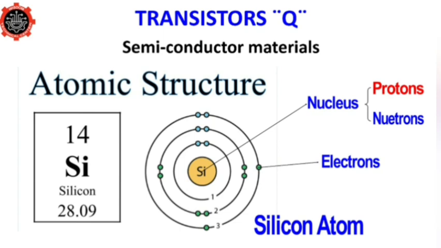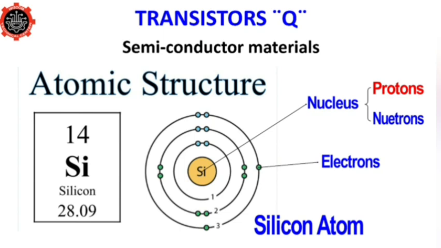Now we need to grow these silicon crystals, and this process is done in a perfectly clean environment where, at the end of the process, we end up with pure silicon, that is intrinsic silicon.